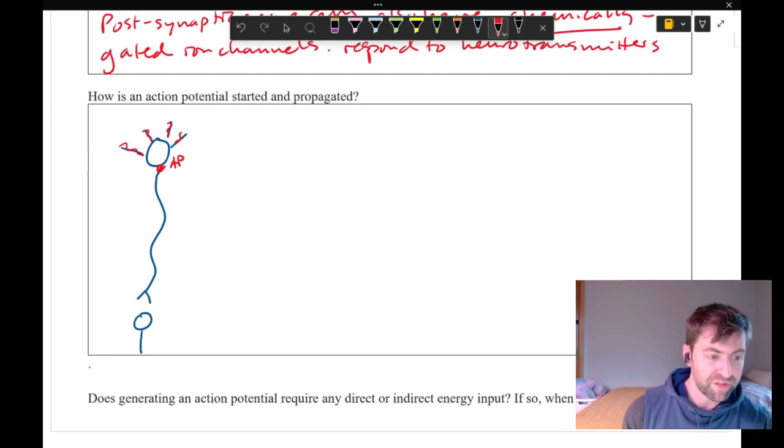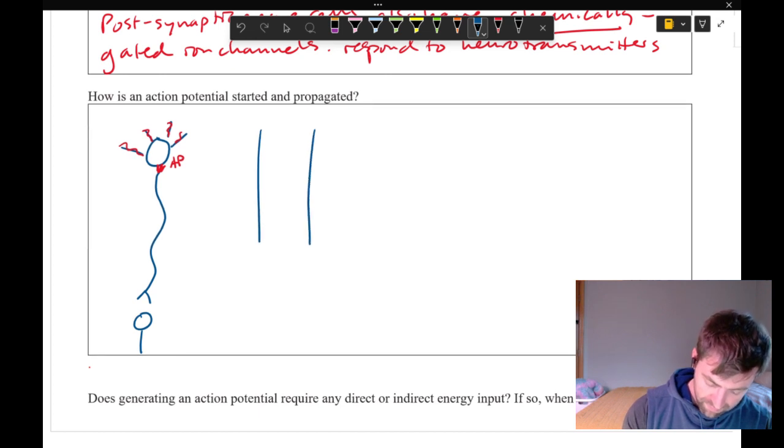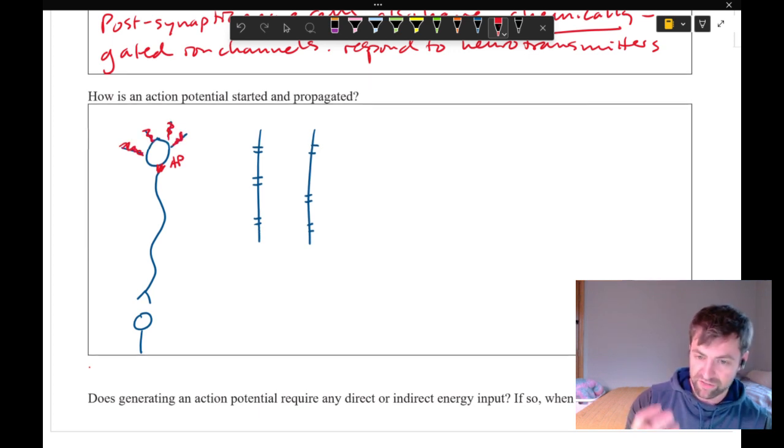So local depolarization of the neuron membrane opens some sodium gates. In red, I'm drawing our little bit of depolarization, these signals accumulating.